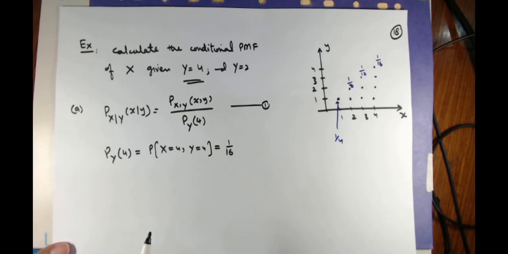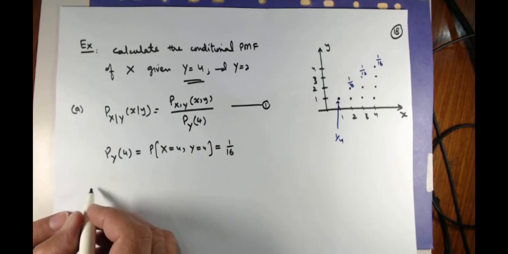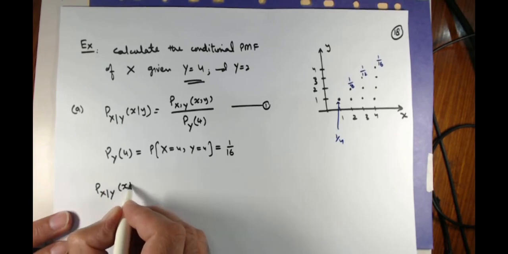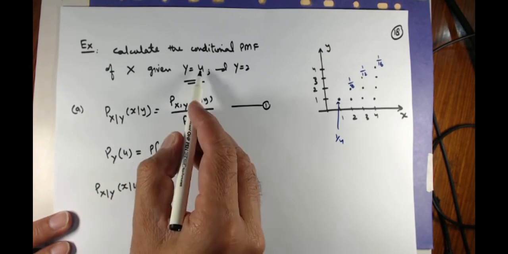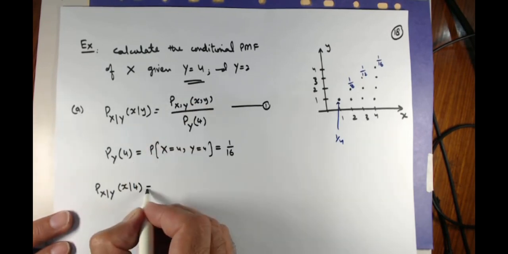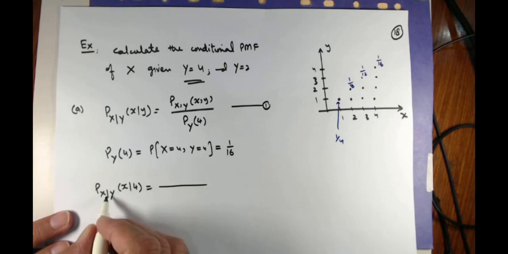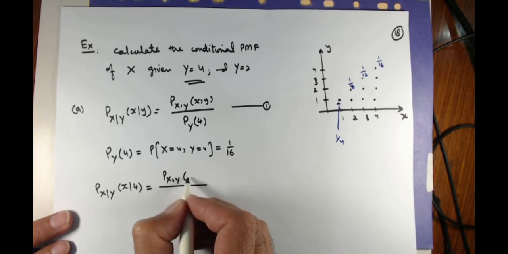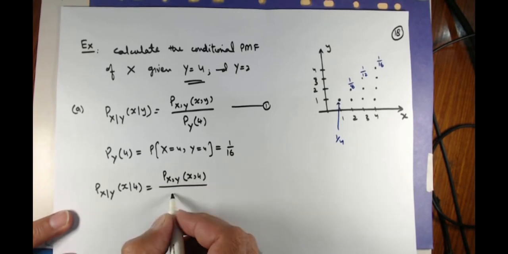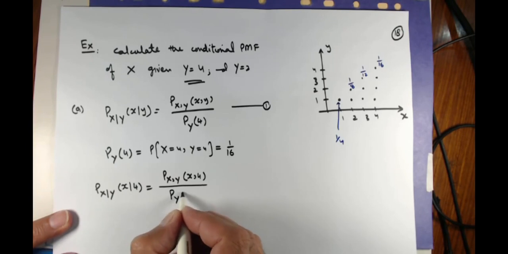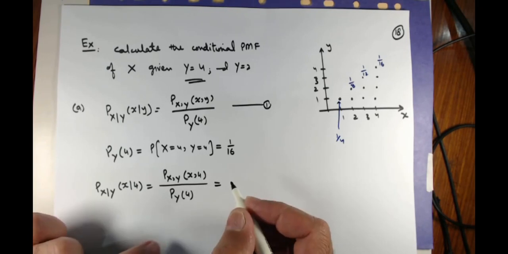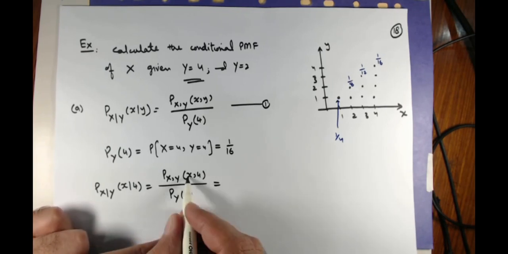Now given that Y is equal to 4, we want to find P sub X given Y of X given 4. Y is fixed at 4, and so now this formula turns out to be P sub X given Y of X given 4 equal to P sub X comma Y of X comma 4 divided by P sub Y of 4.